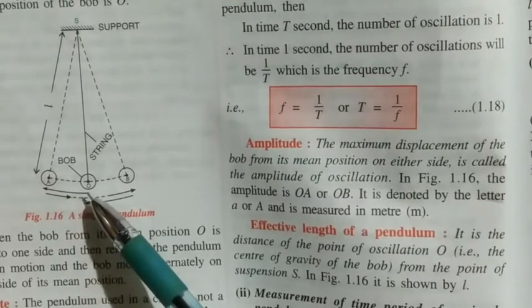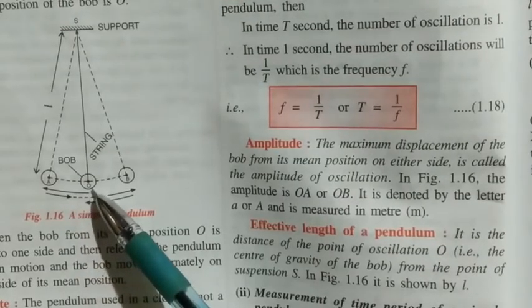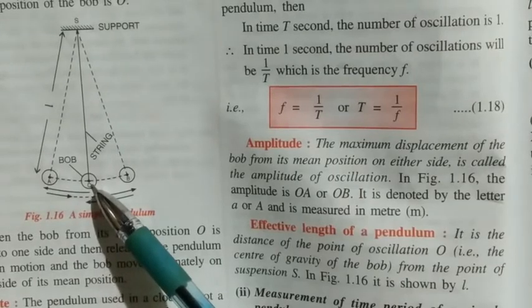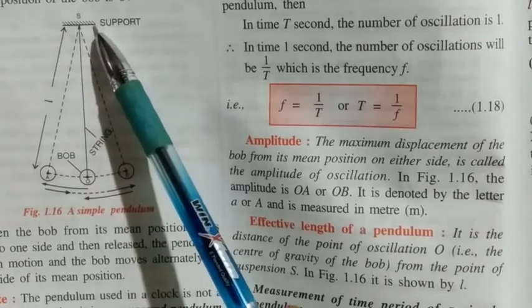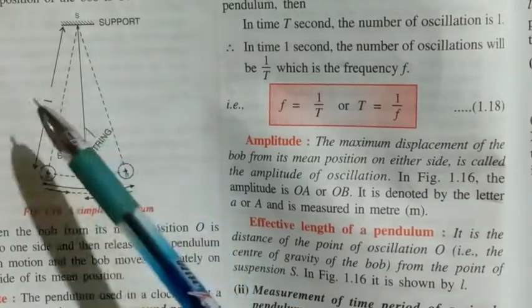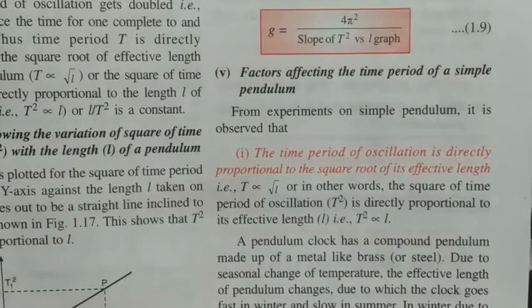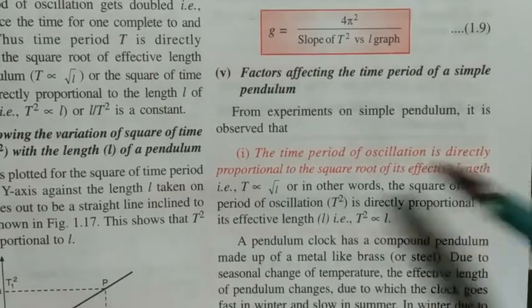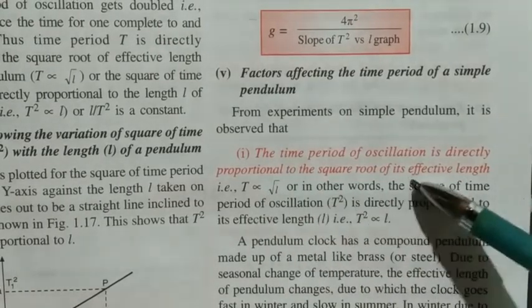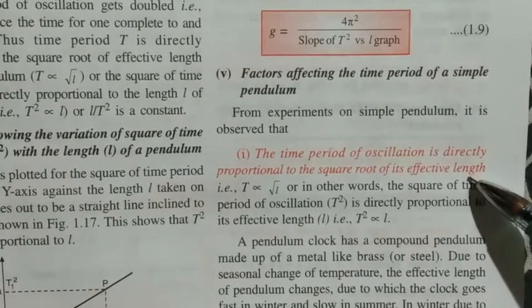Effective length of a pendulum. It is the distance of the point of oscillation, that is the center of gravity of the bob, from the point of suspension S. It is shown by L. The time period of oscillation is directly proportional to the square root of its effective length.